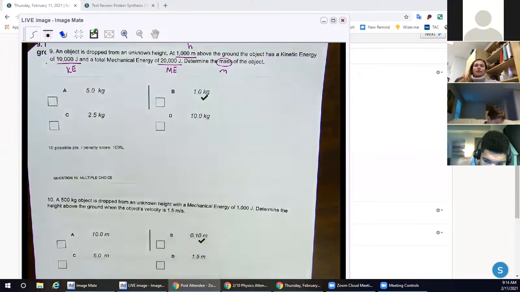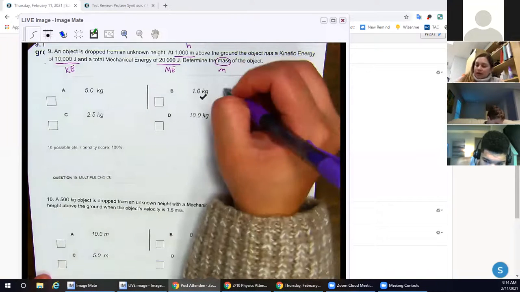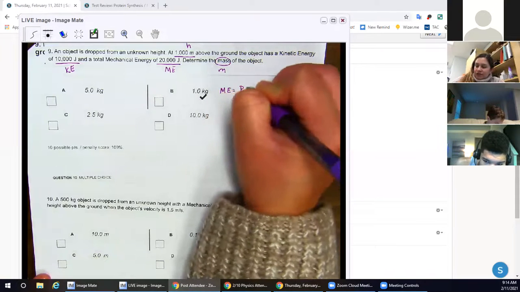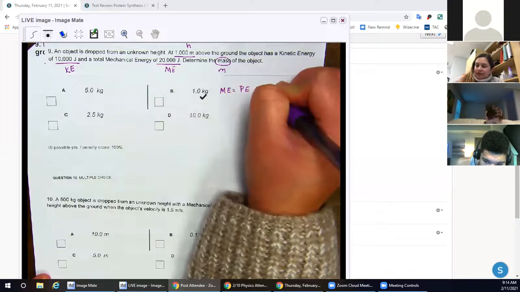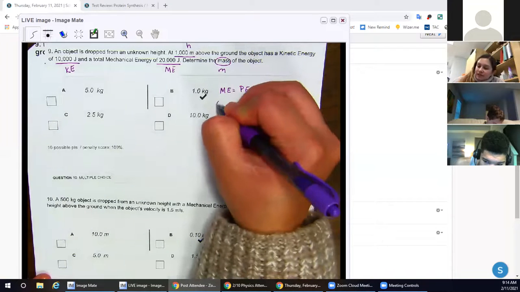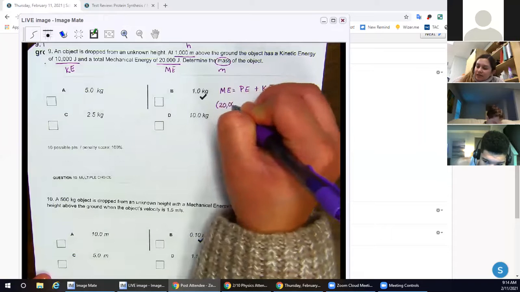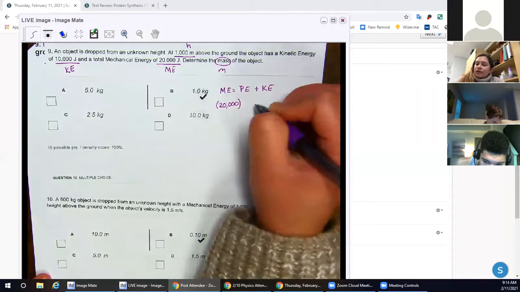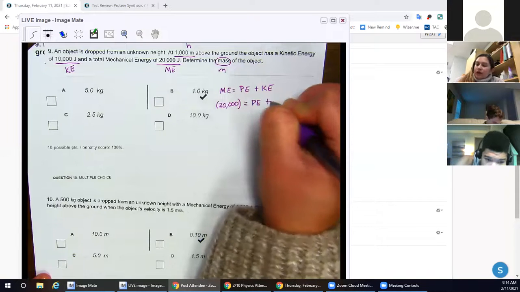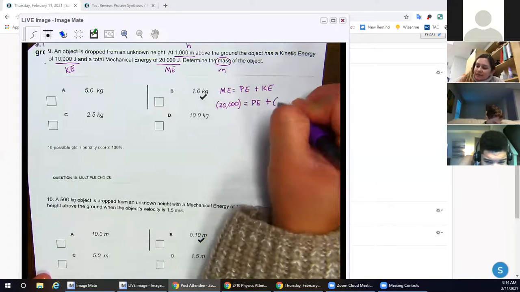So on this problem, you're still going to use the same formula. Mechanical energy equals potential energy plus kinetic energy. We know our mechanical energy is 20,000. We don't know our potential energy. And we know our kinetic energy is 10,000.